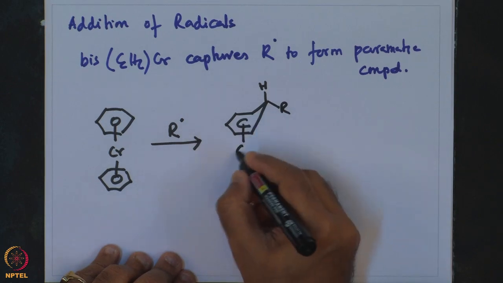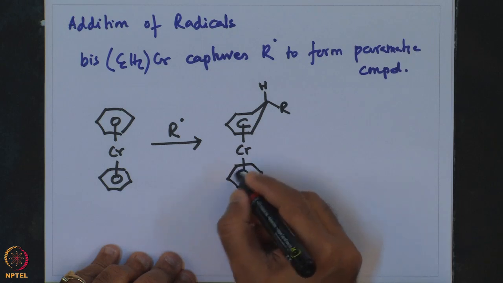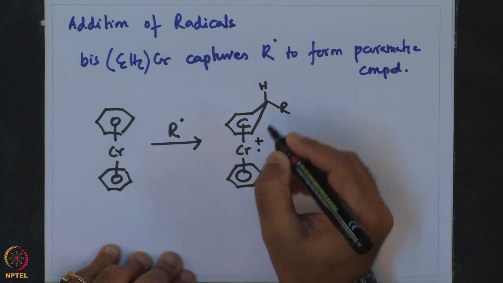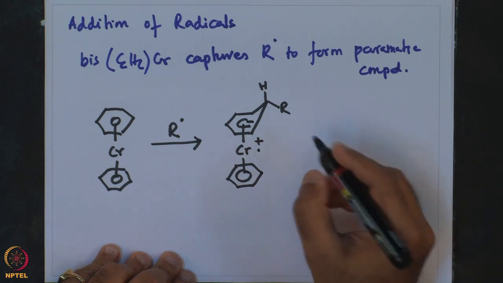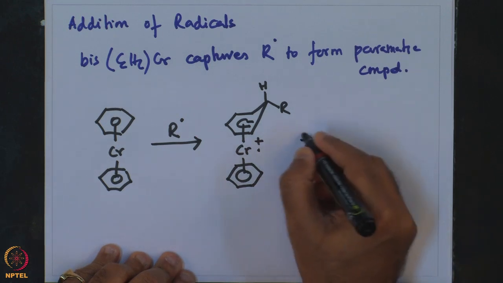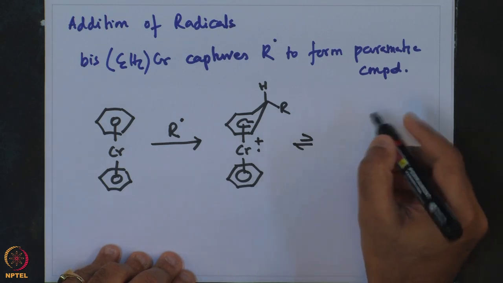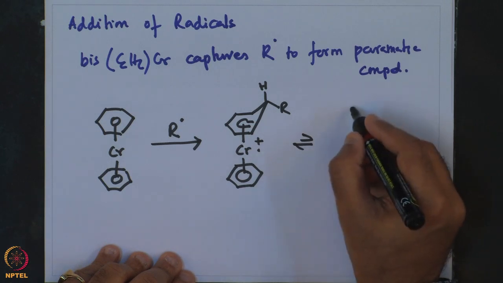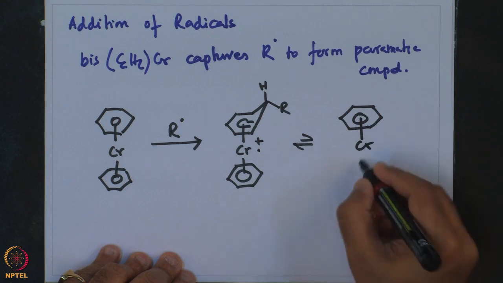gives the HR chromium species, and this is a radical cation which stays in equilibrium with the chromium species.